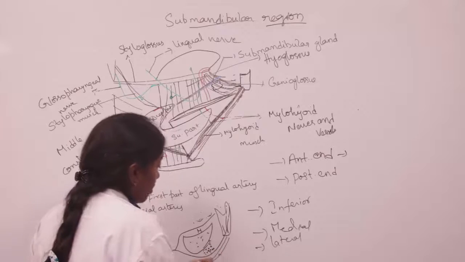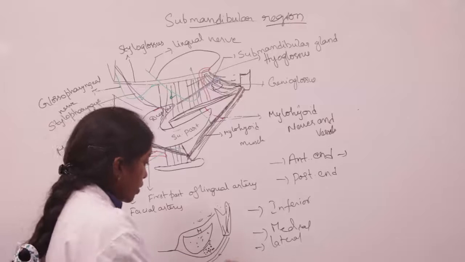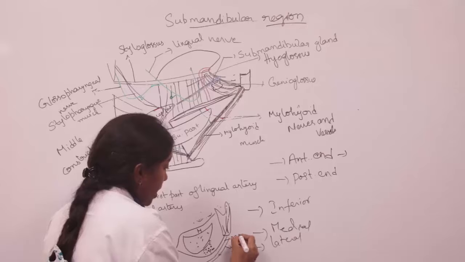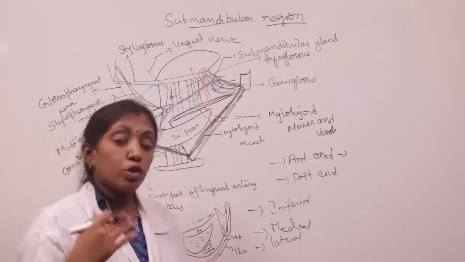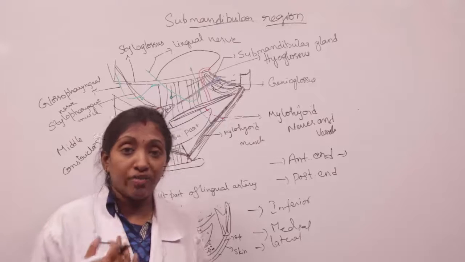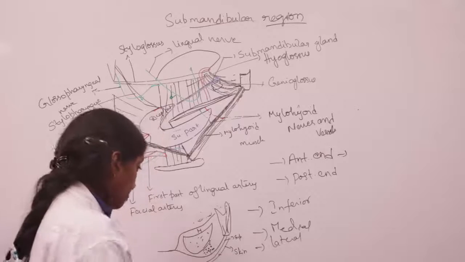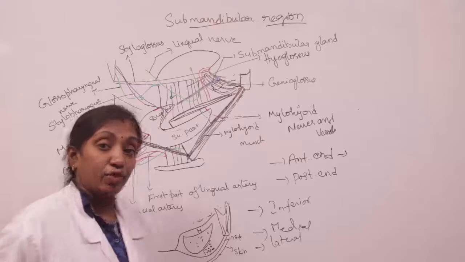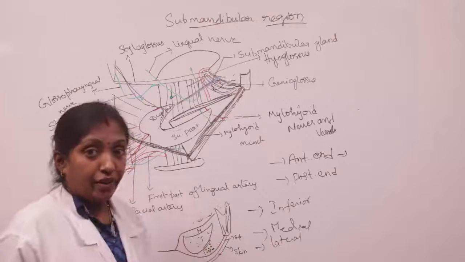So the inferior surface is related to skin, superficial fascia, platysma and deep cervical fascia. Superficial to the platysma we have the common facial vein and the cervical part of the facial artery. And deep to the deep cervical fascia we have submandibular lymph nodes. So these are the relations of the inferior surface.